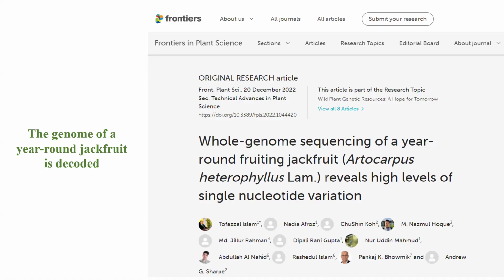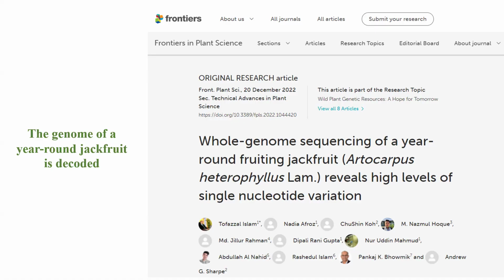In Bangladesh, another big genome sequencing job was hugely discussed. That is the year-round fruiting jackfruit, Artocarpus heterophyllus, our national fruit. My group sequenced the whole genome of a year-round jackfruit, because jackfruit is seasonal. But one tree was found in Ramgarh in Chittagong which gives year-round fruiting, with a very high number of fruits.